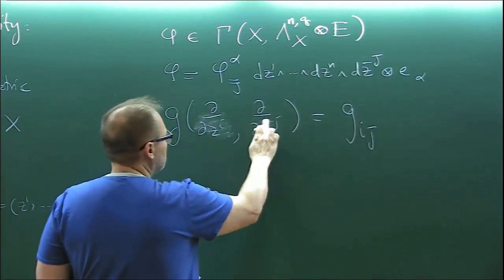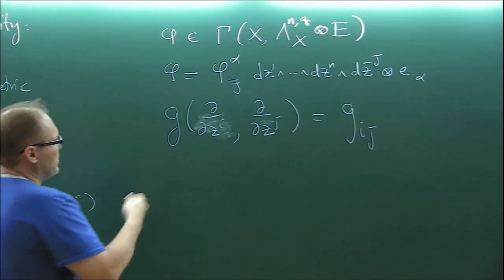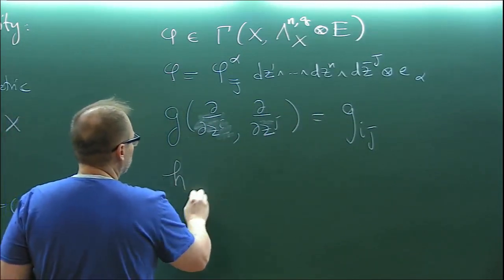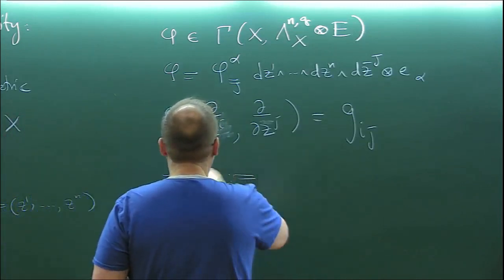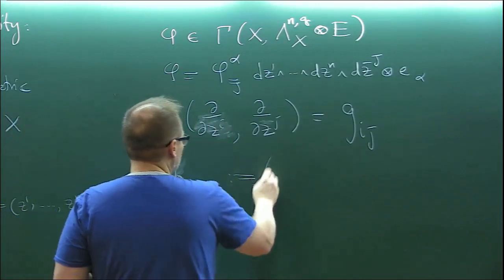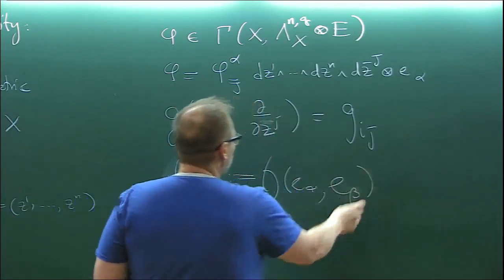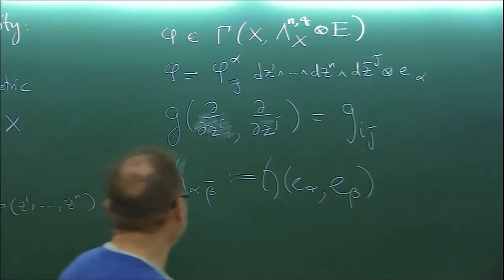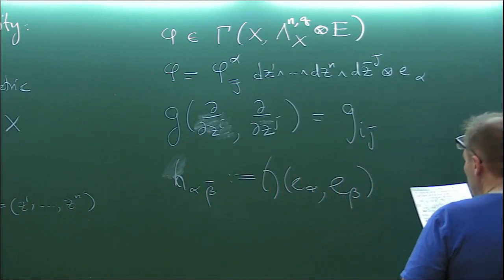Or, sorry, if I'm seeing it as a Hermitian metric, I don't put a bar there. But it doesn't matter. I always get confused anyway. They're the same object. And then you have h alpha beta bar, which will be h of e alpha, e beta.